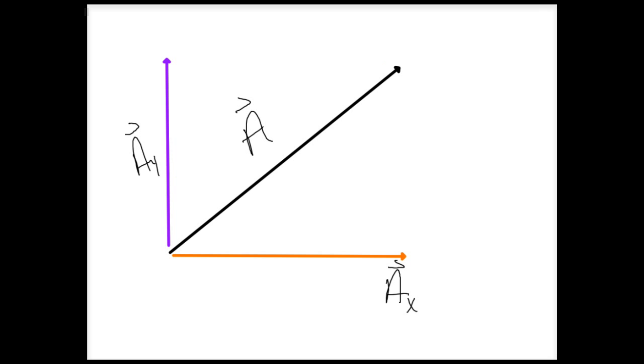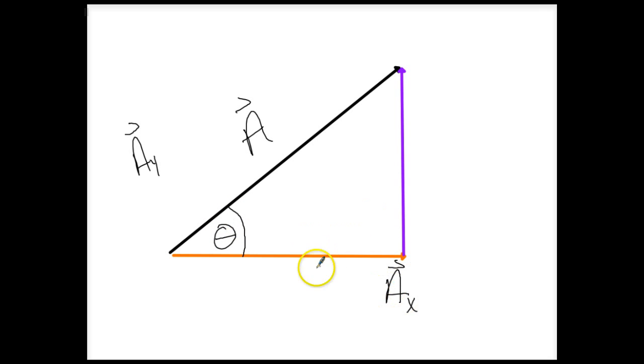And what we can do to make life a little nice and easy, if we take this over here and we add them up, look, we've got a right triangle. And that is where it becomes important. That's at some angle. So if we look at this, we have A sub x and we have A sub y. A sub y is opposite our angle.